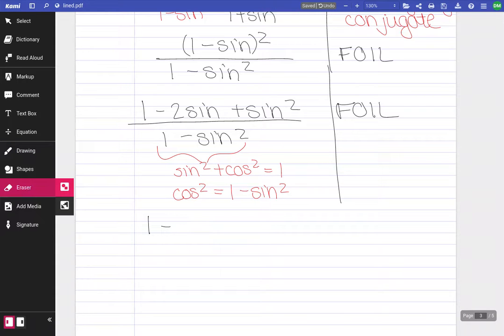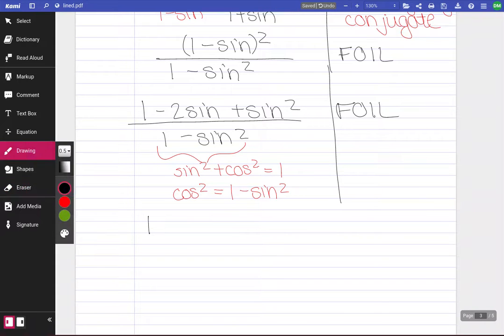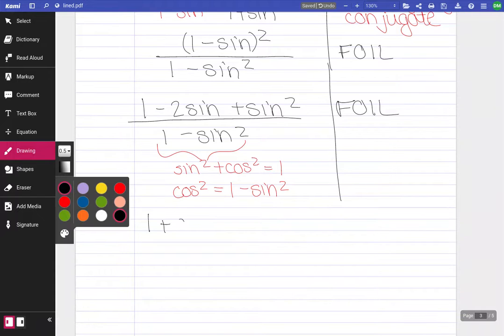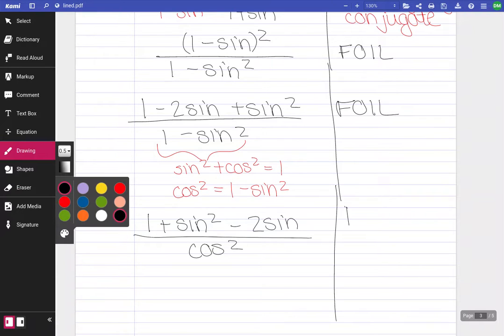And I'm going to do one additional step, and I'm just going to reorder some stuff, and I'm doing that on purpose. So Pythagorean identity.